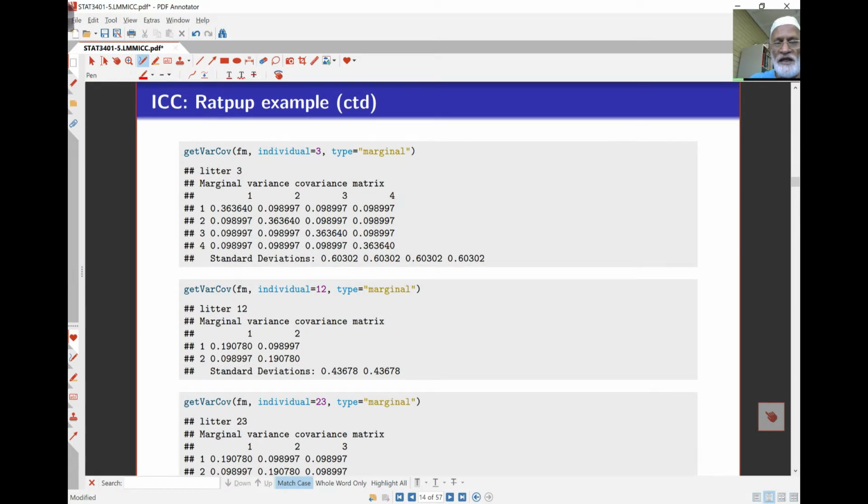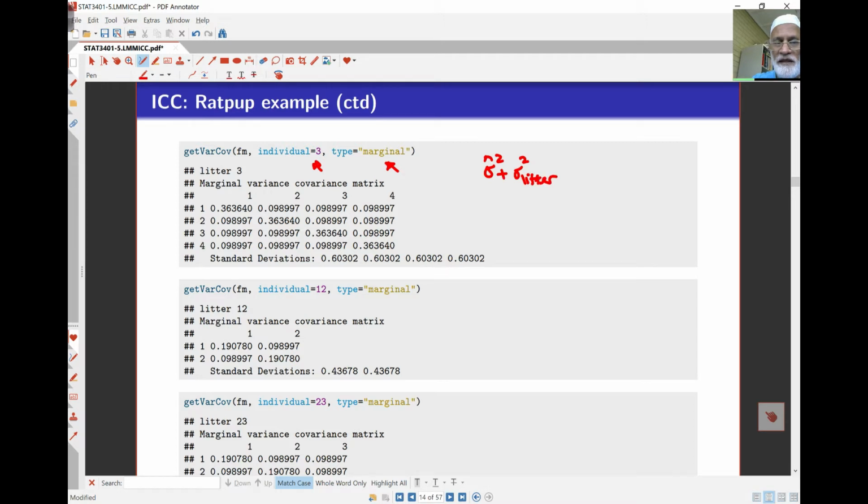Specifying the individual 3 we're looking at, and its type marginal. So the way this works is this. In the variance covariance matrix over here, along the diagonals, what we're going to have is the total variance, which is going to be sigma squared for the error term here, plus also sigma squared for the litter.